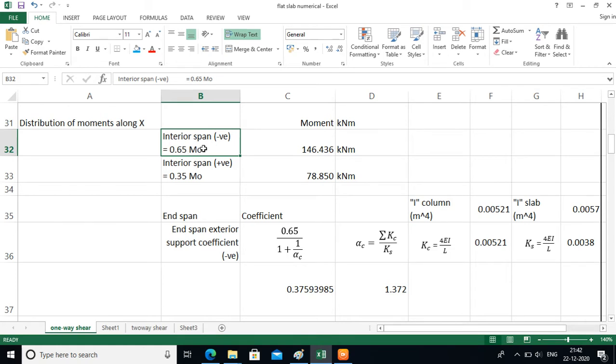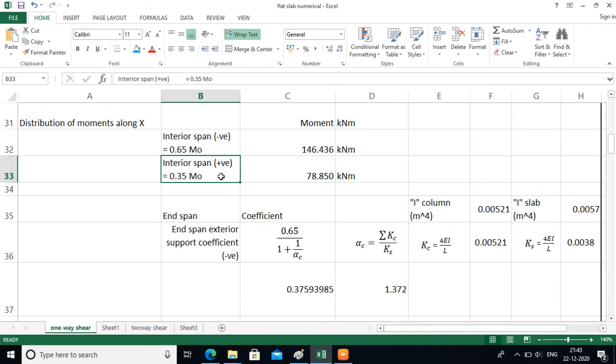The coefficients for the interior span are 0.65 m0 and 0.35 m0. So we have interior span positive and interior span negative, a positive value and a negative value. What does it mean?